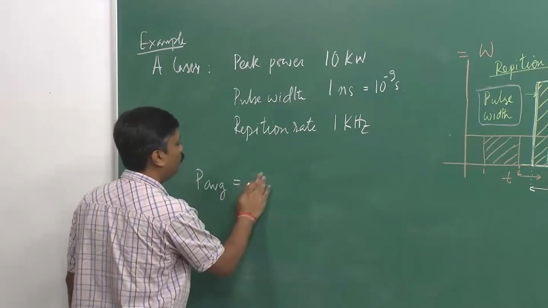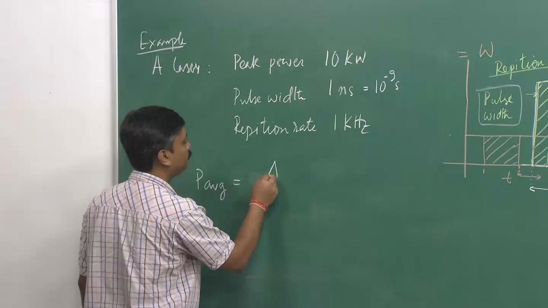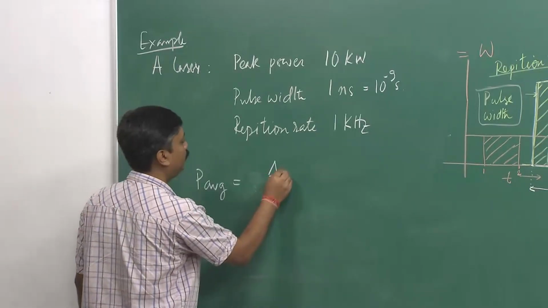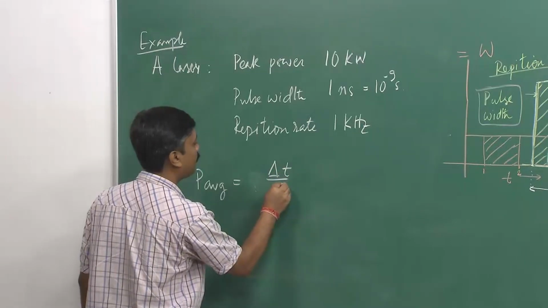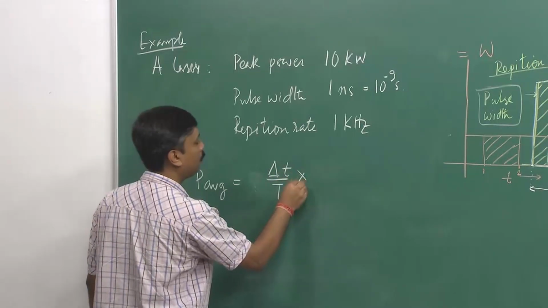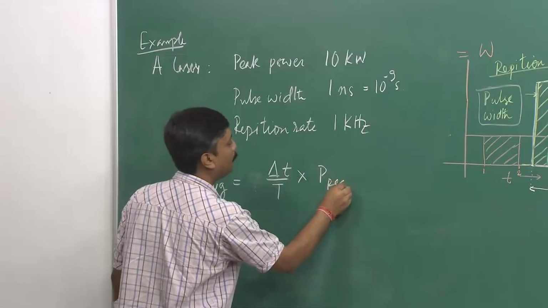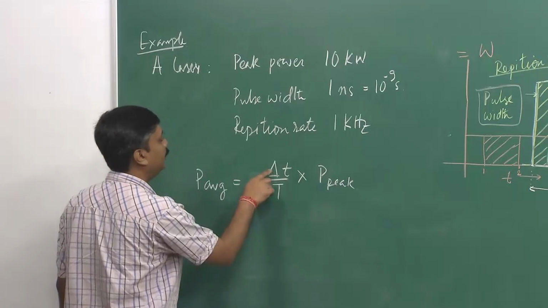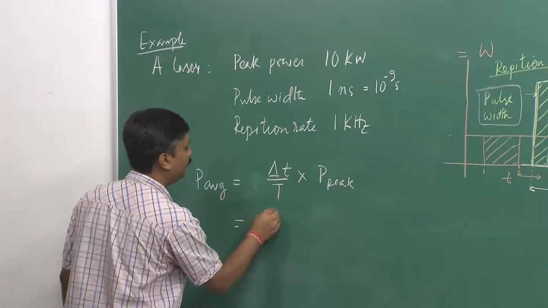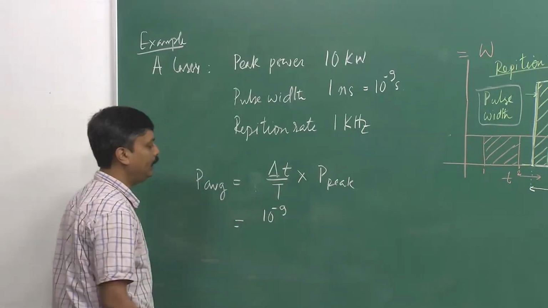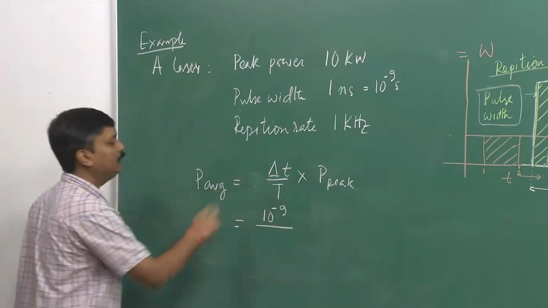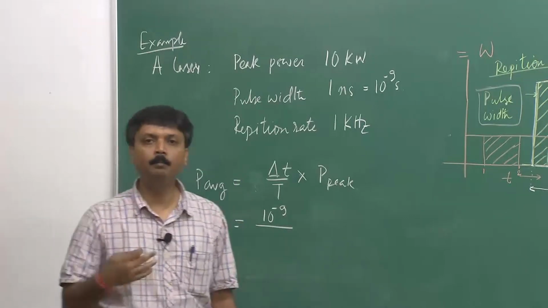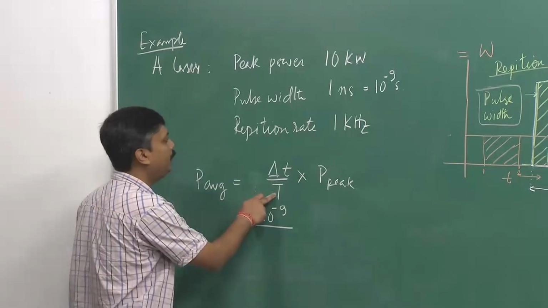Then what I have, correct. Therefore, how much is my delta t? Delta t is 10 power minus 9 second. Now, what is my t? What is the period? So, how do I calculate the period?